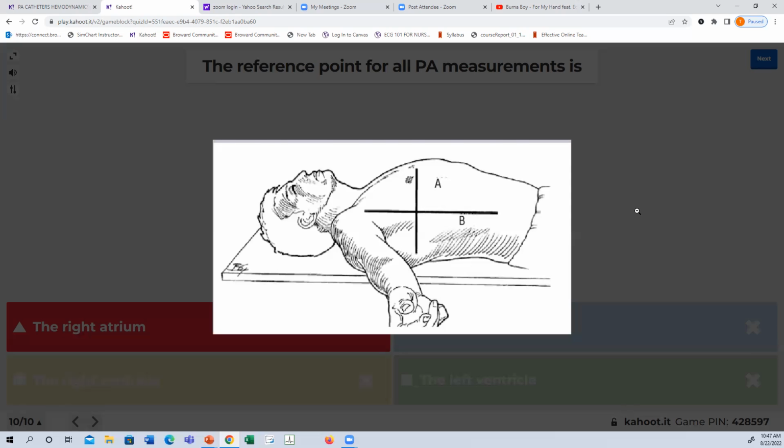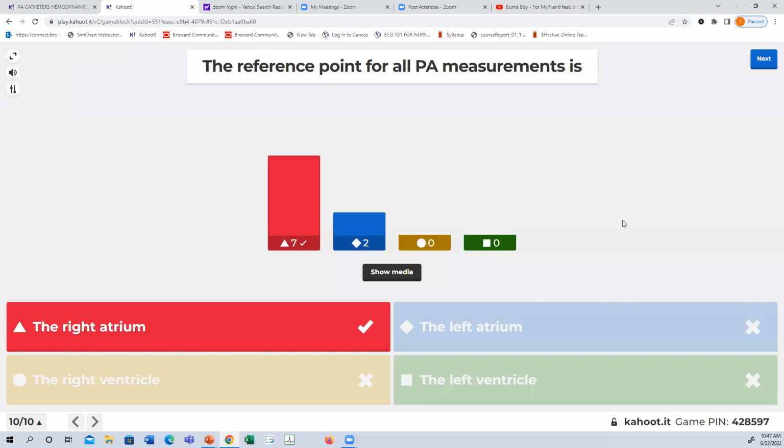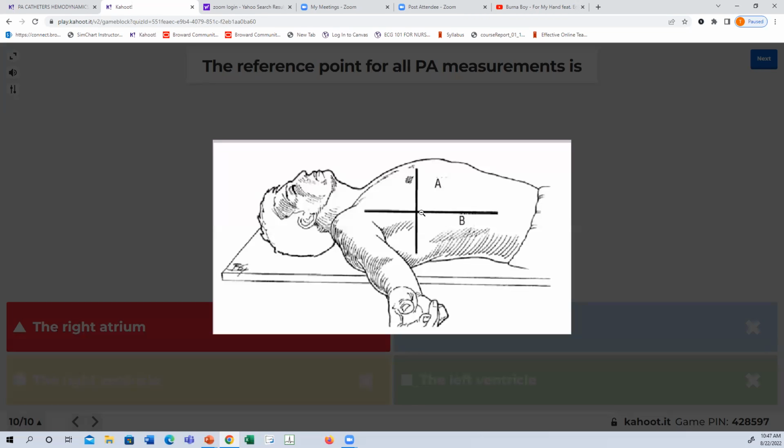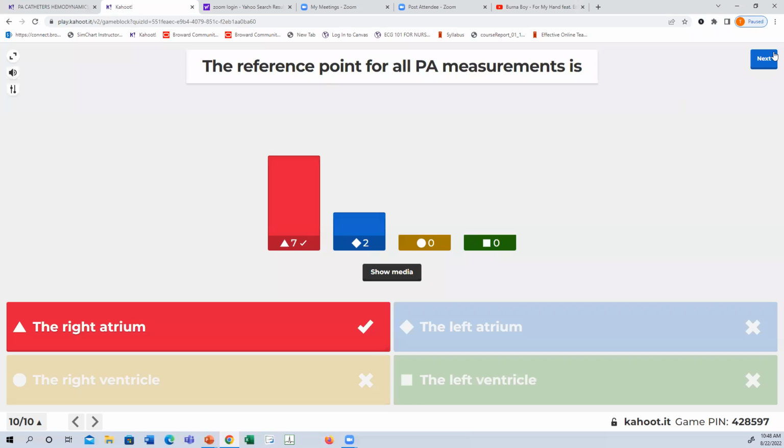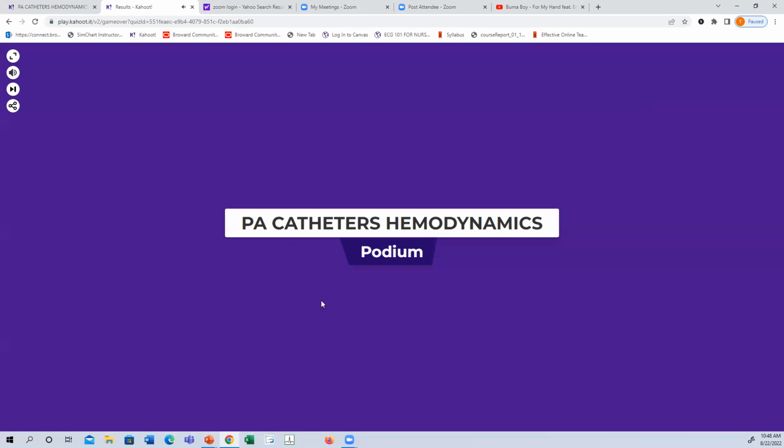So this is something that you would always do whenever you are setting up patients for hemodynamic monitoring. Is always to level the transducer at the level of the phlebostatic axis or the right atrium. Okay, so this is exactly that area that we're referring to. And let's see who got those correctly.